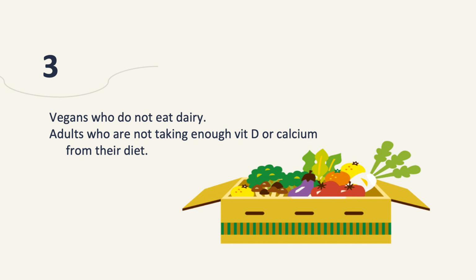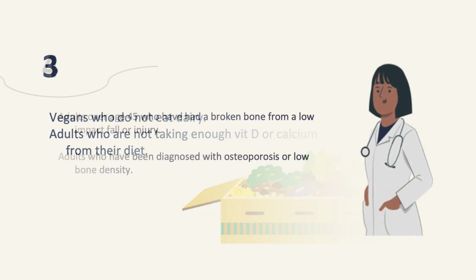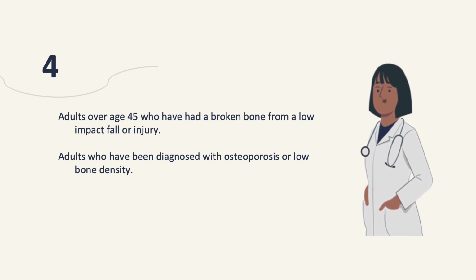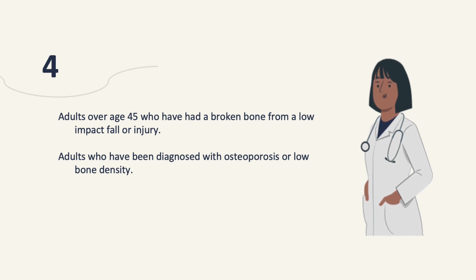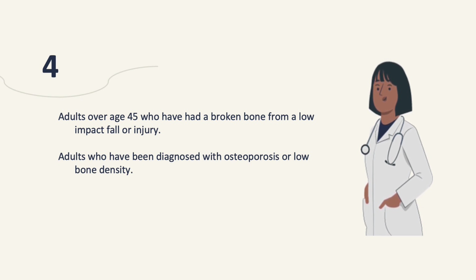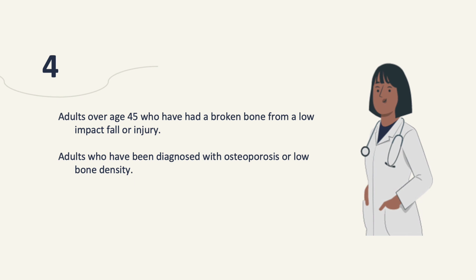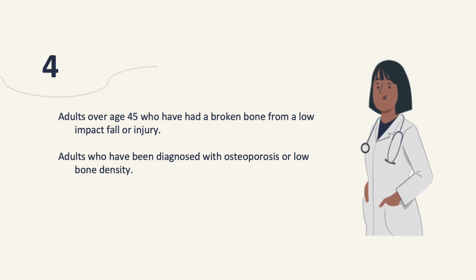Those people who only eat vegetables and do not take any dairy products like yogurt, cheese, milk, they need calcium and vitamin D supplementation. Adults over age 45 who have had a broken bone from a low impact fall or injury should take vitamin D and calcium supplements. Adults who have been diagnosed with osteoporosis or low bone density should consult their doctor for the proper doses of vitamin D and calcium.